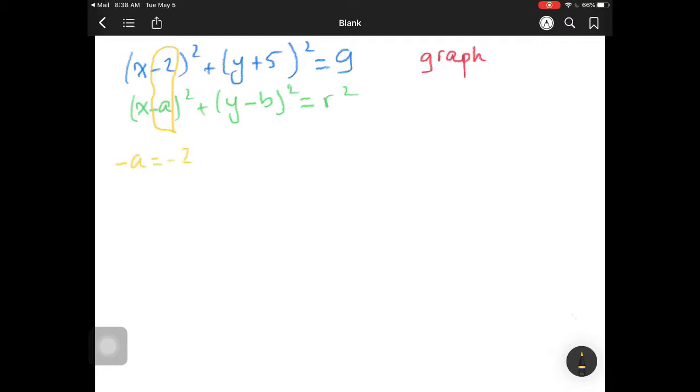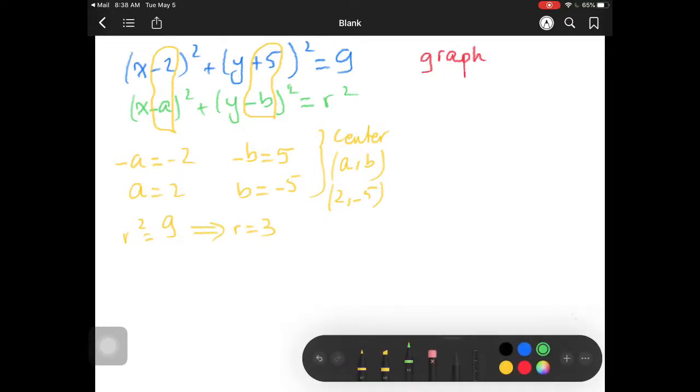Minus a is minus 2. This means that your a is 2. And plus 5 means minus b is 5. This means that your b is negative 5. And you already know that the center is at coordinates (a, b), which means (2, -5). And radius squared, r squared, is 9, which means that your radius is 3.